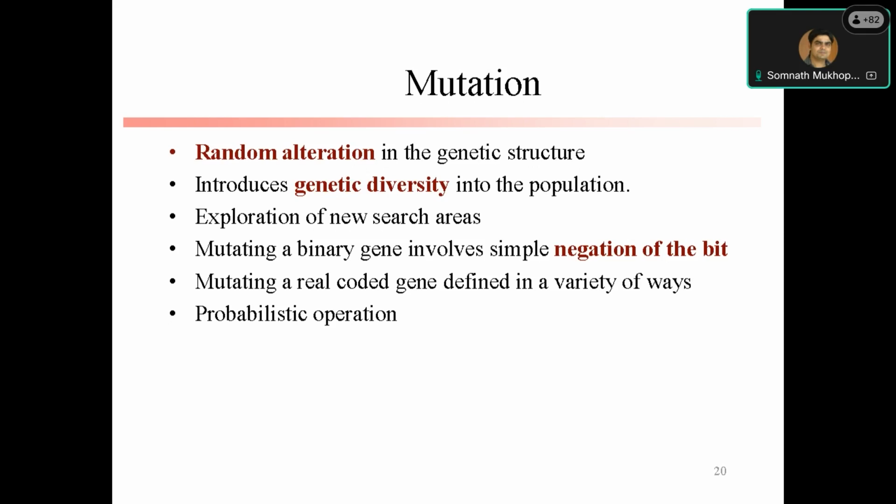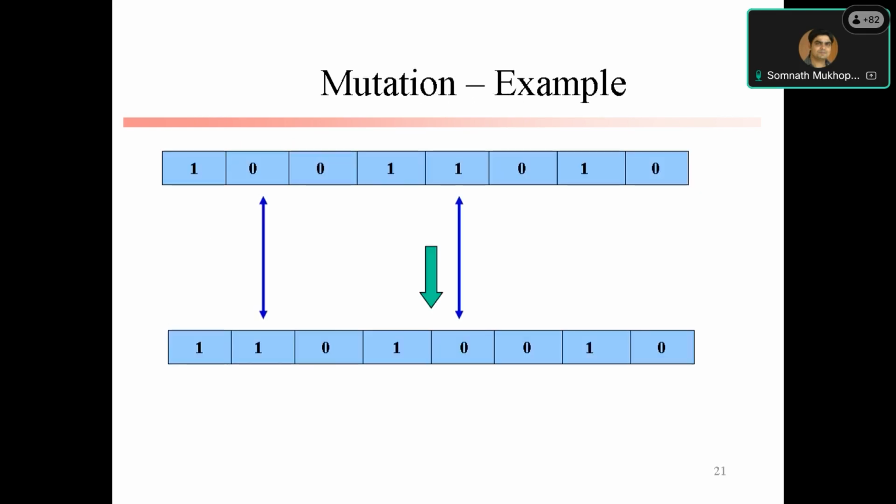Mutation means negation of the bit: if we make 0 into 1 or 1 into 0, the mutation is done. It is also a probabilistic operation, and it has a low probability, maybe below 5-6% of the time mutation happens. This is one example of the mutation algorithm.